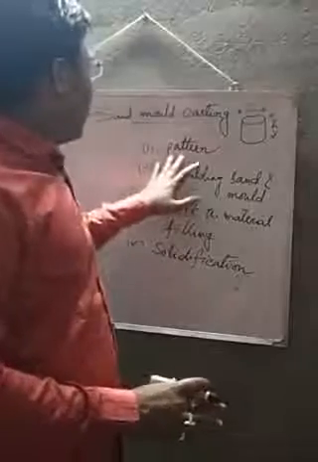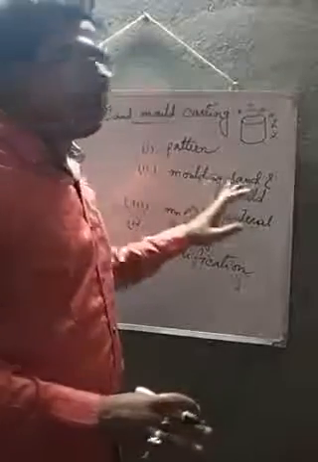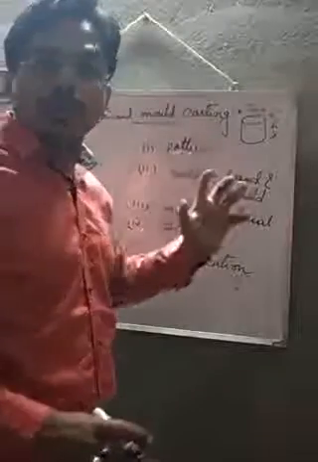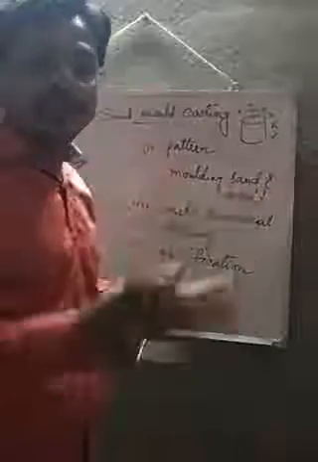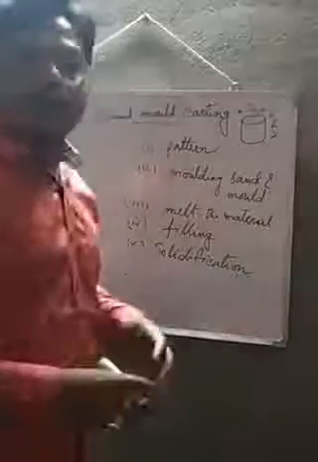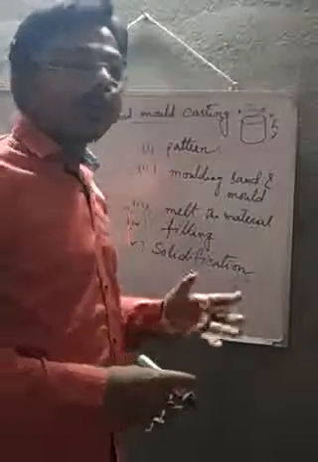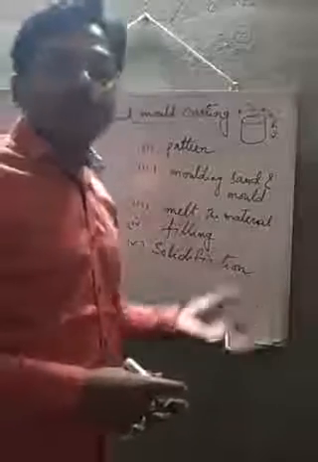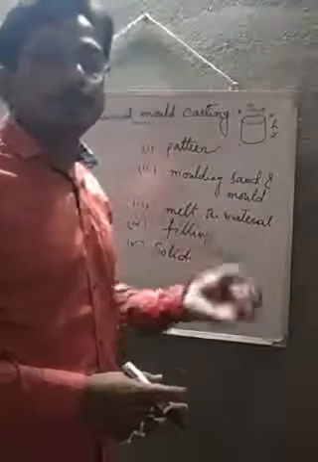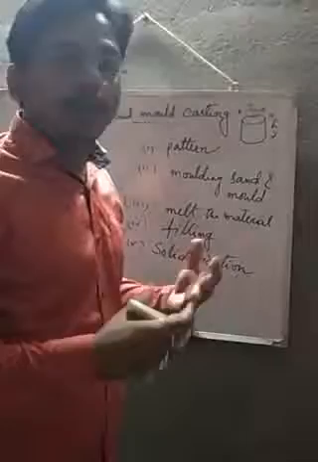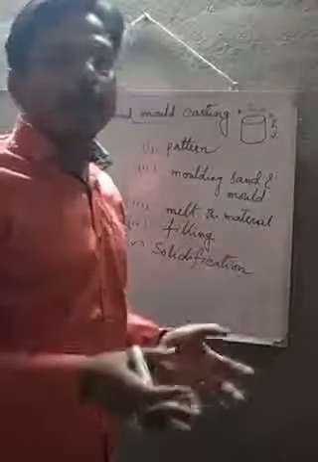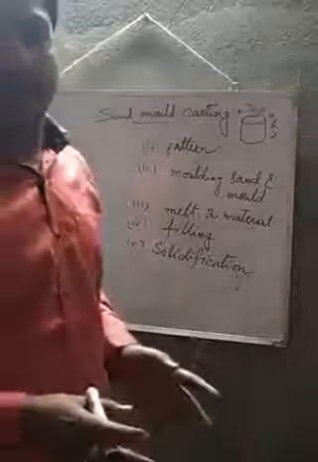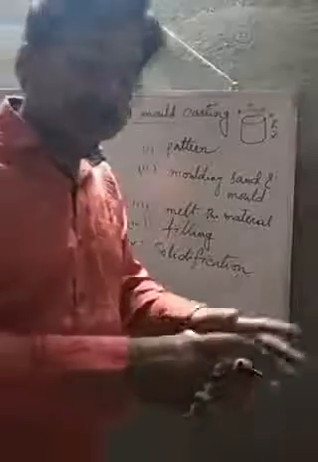Now the pattern is the replica, but there are different types of patterns we use for making the required cavity, because it is not always possible to withdraw the pattern from the mold as a single piece. Also it is not always possible to fill the molding sand in the flask using a single piece pattern.